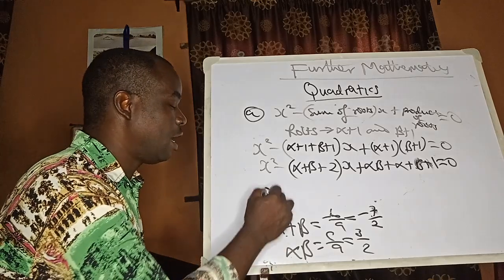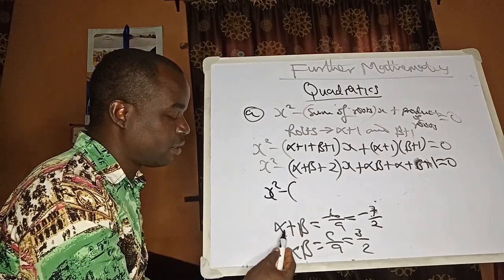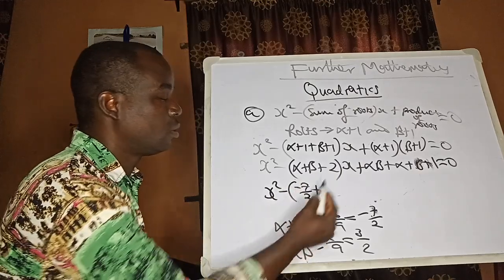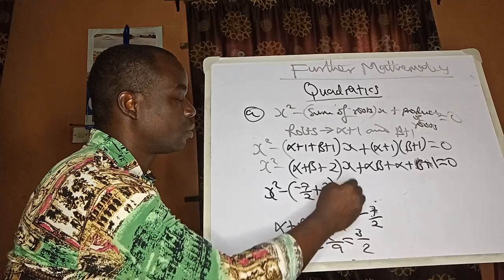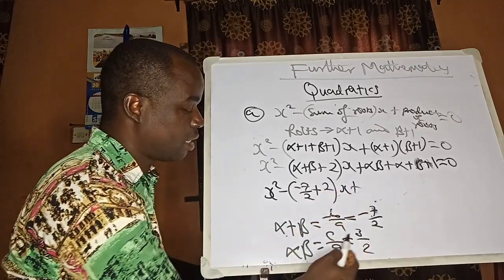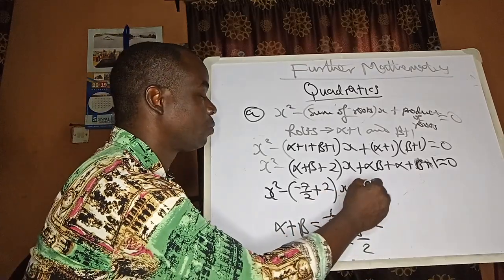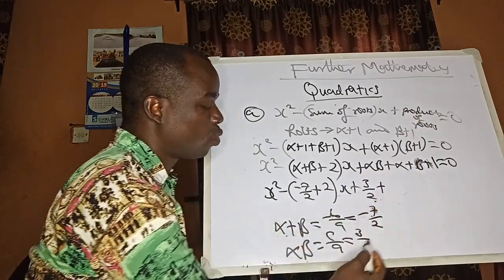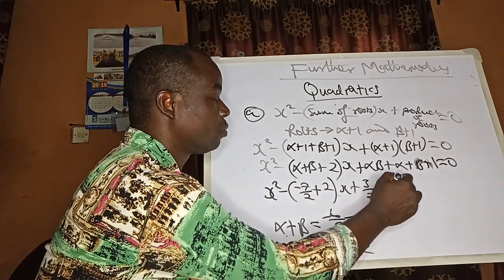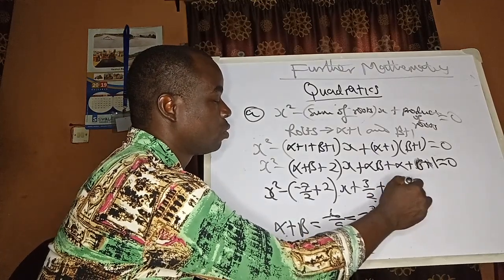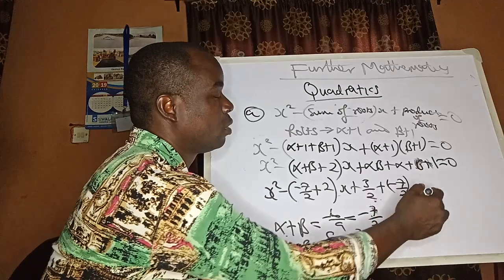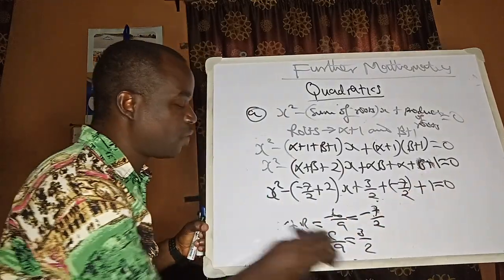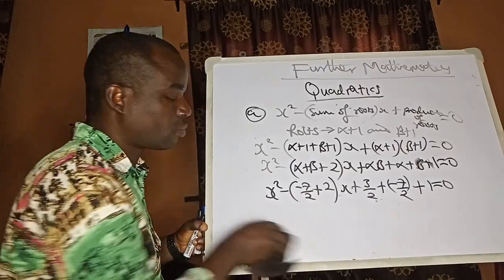So we have x squared minus, our alpha plus beta is minus 7 over 2, then plus 2. Our alpha beta is 3 over 2. Then alpha plus beta is also minus 7 over 2, so I put this in brackets. Then plus 1 equal to 0.